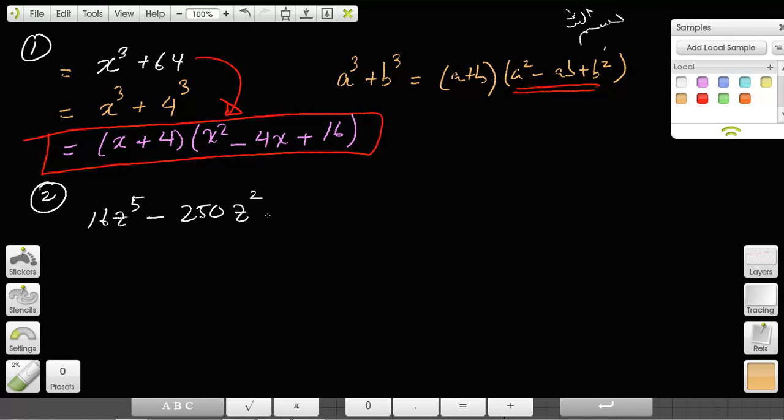Okay, first thing is, well, is there something common to both terms? Yes, there is. I can factor out a 2, okay? And I can factor the z squared. Then I'm left with 8z cubed minus 125. All of these are factored.